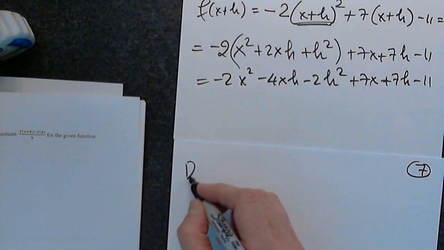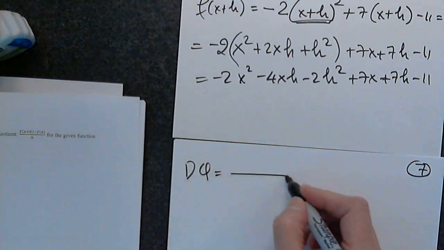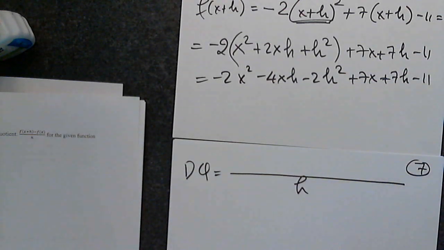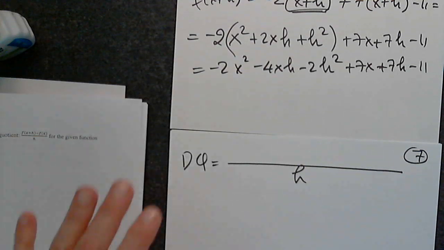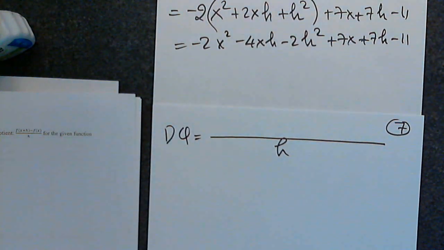Only now I can put all these pieces together. And now I think for a moment and say to myself, what has to happen here? Number one, all terms without h from the top must go away. And eventually, at the very end, the h from the bottom must go away somehow.